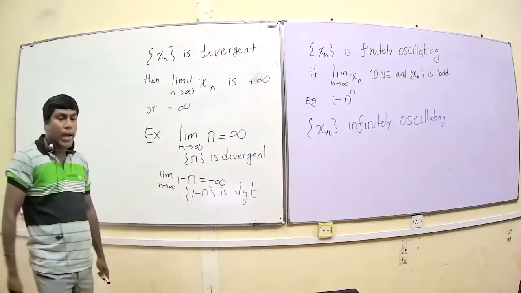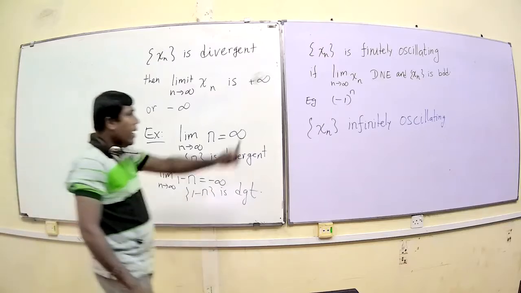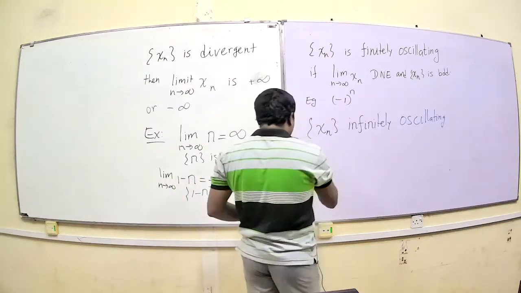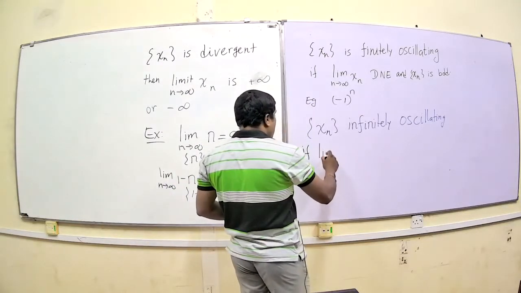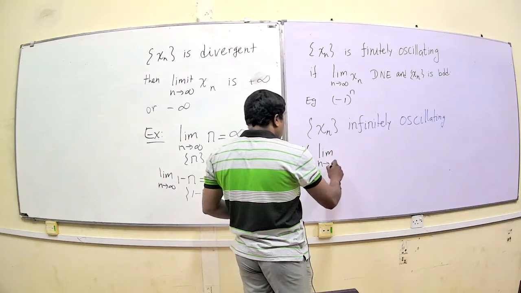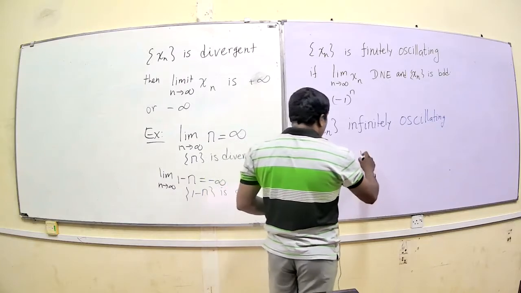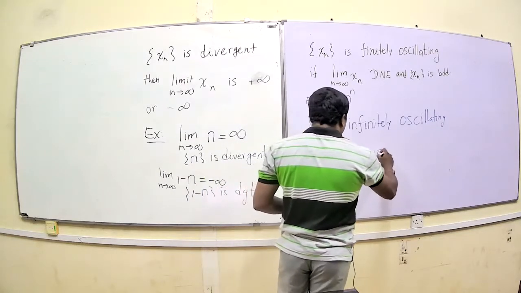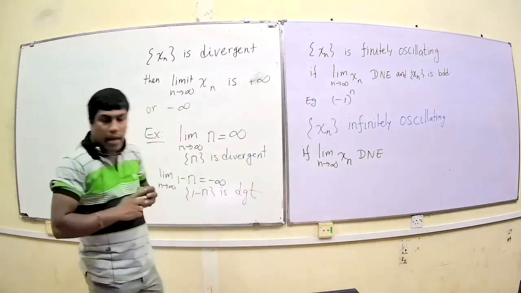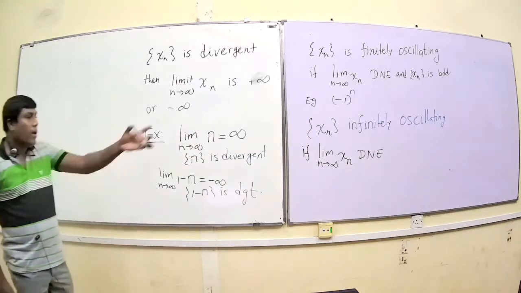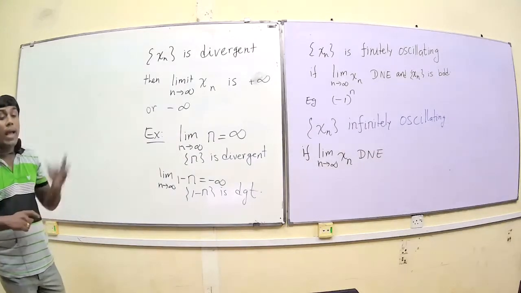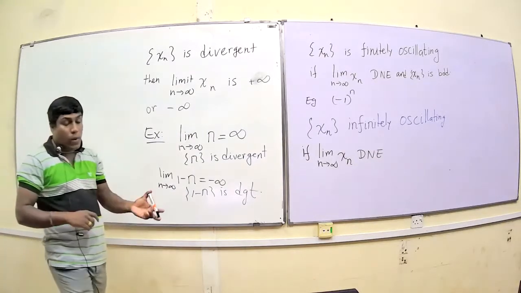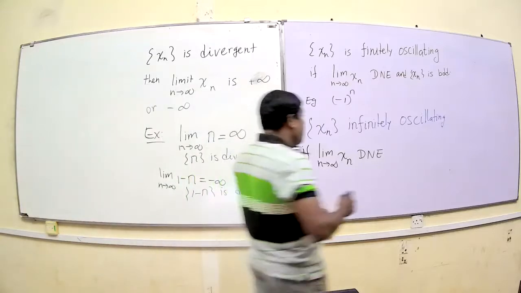We will see what we mean by infinitely oscillating. Again, the limit does not exist. DNE means does not exist. Limit does not exist, and at the same time, the sequence is unbounded.